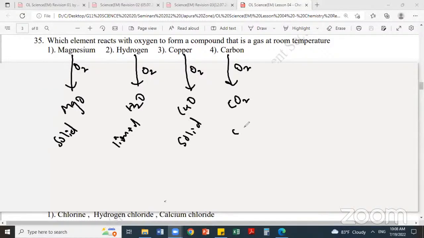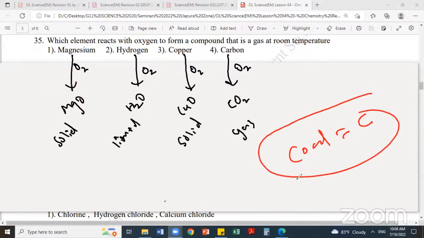So therefore it's a gas. That's the answer. When you burn carbon, what is the gas released to the atmosphere? Carbon dioxide. Actually, coal contains carbon. Coal means carbon. So when you burn coal, a large quantity of CO2 gas is released to the atmosphere.